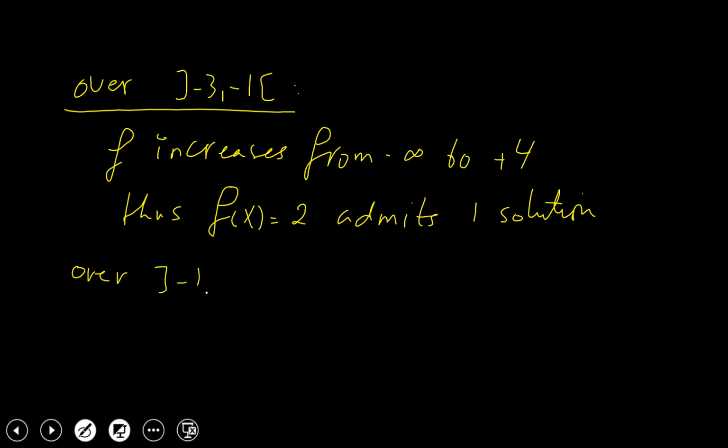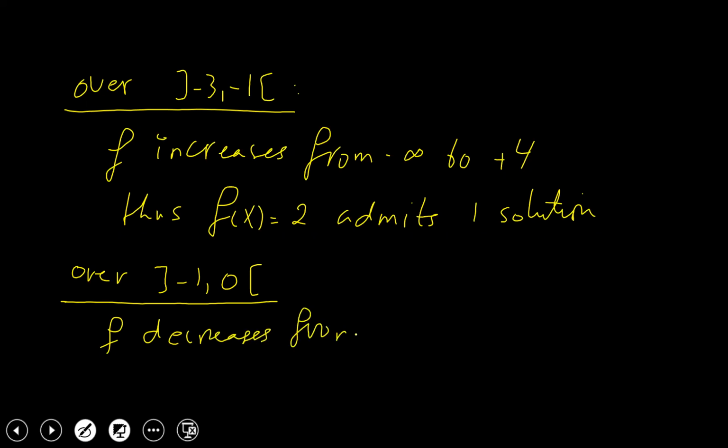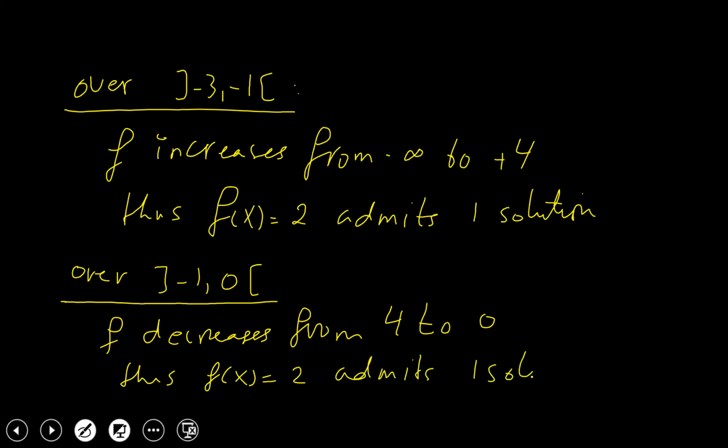Over -1 to 0, f decreases from 4 to 0, thus it passes through 2, so f of x equal to 2 admits one solution.